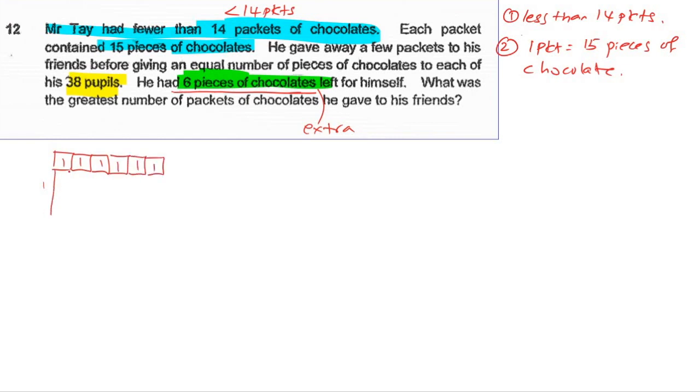But you don't know how much one student was given. You know the total number of students is 38, so the total is 38 times how many pieces each? You don't know. So 38 times.